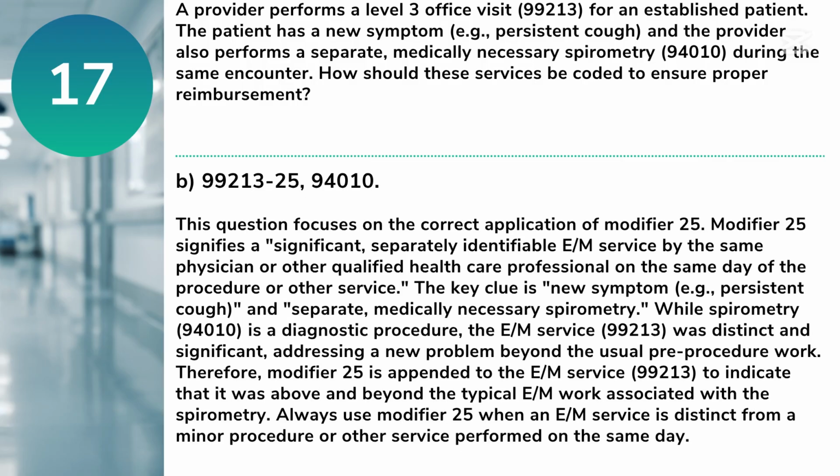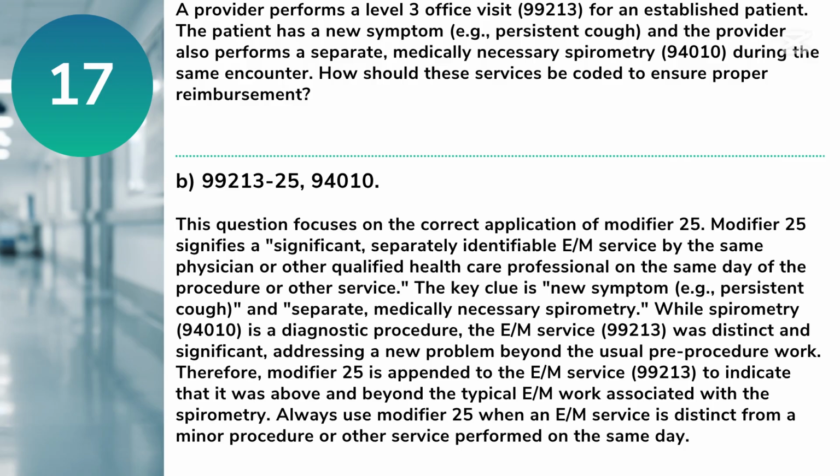Answer: B. 99213-25, 94010. This question focuses on the correct application of Modifier 25. Modifier 25 signifies a significant, separately identifiable E/M service by the same physician or other qualified healthcare professional on the same day of the procedure or other service. The key clue is new symptom, e.g., persistent cough, and separate, medically necessary spirometry.